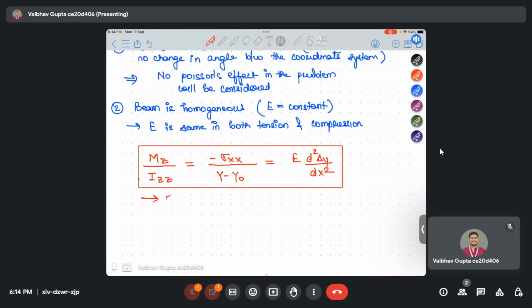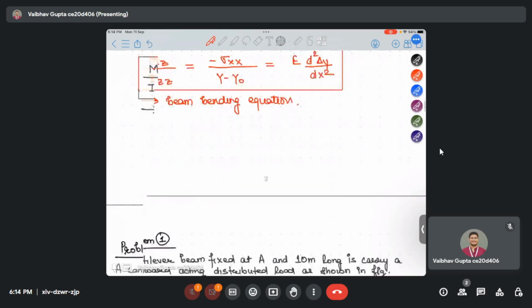This is known as the beam bending equation.